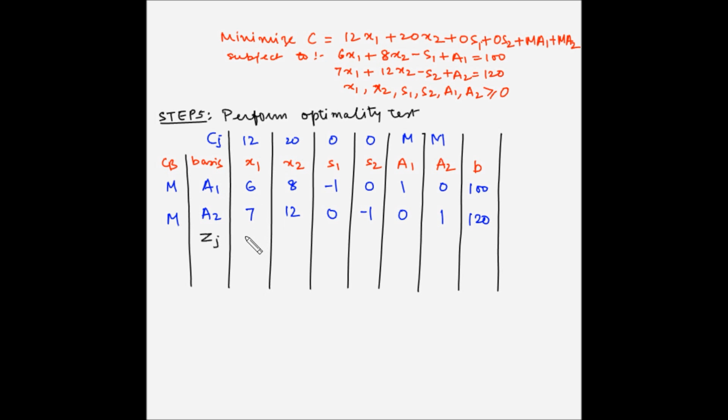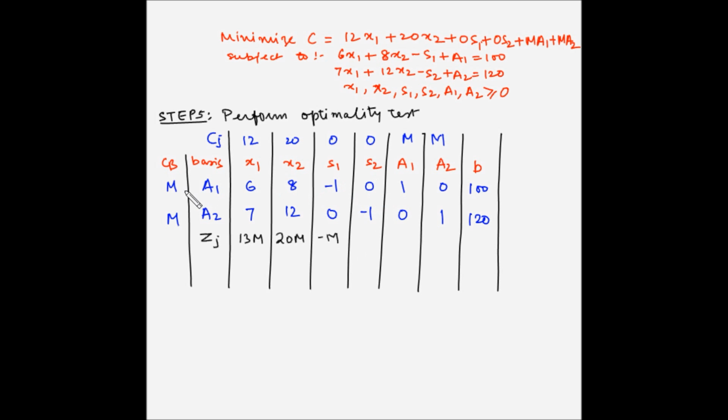So for the x1 column, 6 multiplied by m plus 7 multiplied by m, so that will become 13m. Now for the x2 column, 8m plus 12m, so this becomes 20m. Next is m multiplied by minus 1, which becomes minus m, plus 0 into m, which is 0, so this becomes minus m.